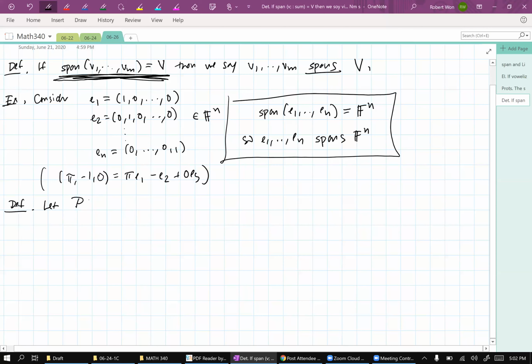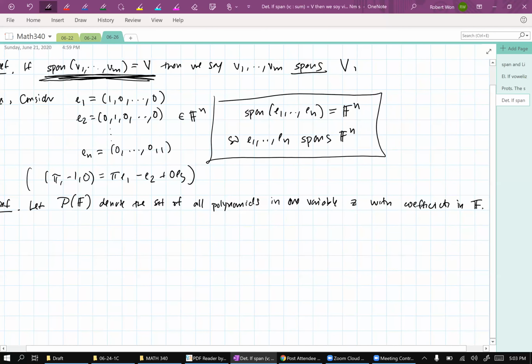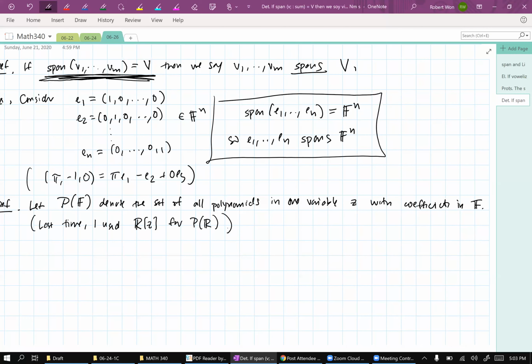Okay, so let script P(F) denote the set of all polynomials in one variable z with coefficients in F. Last time, or maybe two times ago, I used the notation R[z] for all the polynomials with coefficients in R. This is actually more standard in mathematics, but since I don't want to be confusing between what I say on homework or in the notes and what the book says, we're going to stick with the book notation.